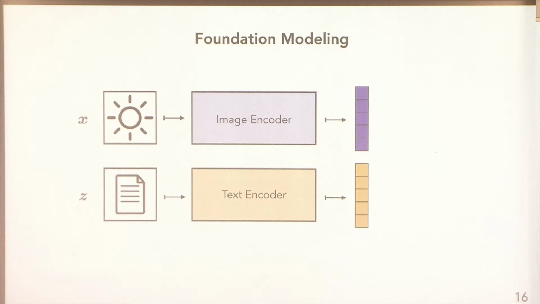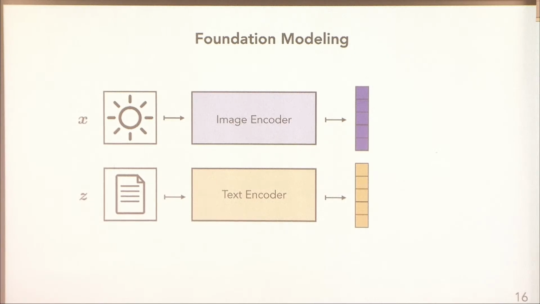So what is foundation modeling? And that's the main goal of this talk, to try to frame this in very basic, elementary terms, in the same way we understand supervised learning well. So in foundation modeling, the one that I consider here, we have input data X, and for simplicity, we're going to assume it comes from one modality, that is images, right?